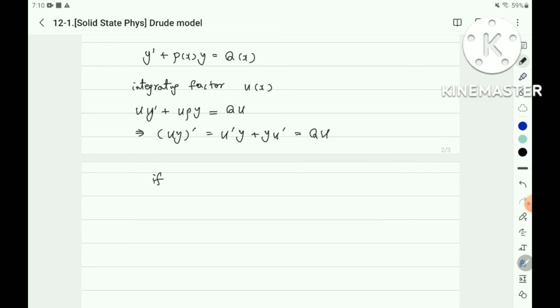Here, if we assume that u prime equal to u p, then the above equations hold. And if u prime equals u p, then it is the same as these equations.